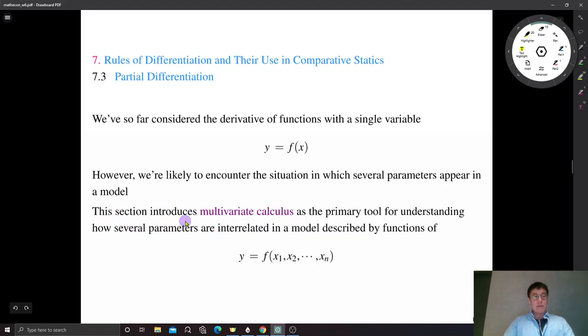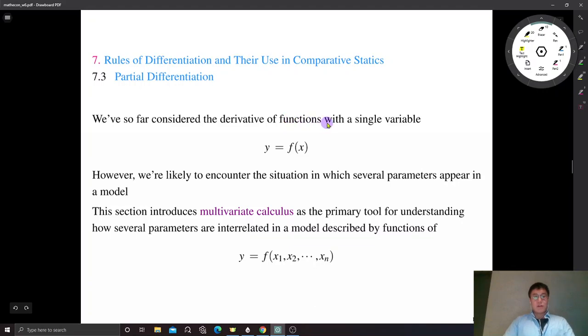In this section, I'm going to introduce multivariate calculus, that is, how to analyze functions with multiple variables. Now the function has not just one input, but several inputs, and then it yields some kind of output. And then we study how to extend the concept of the derivative we defined for single variable functions into multivariable functions.